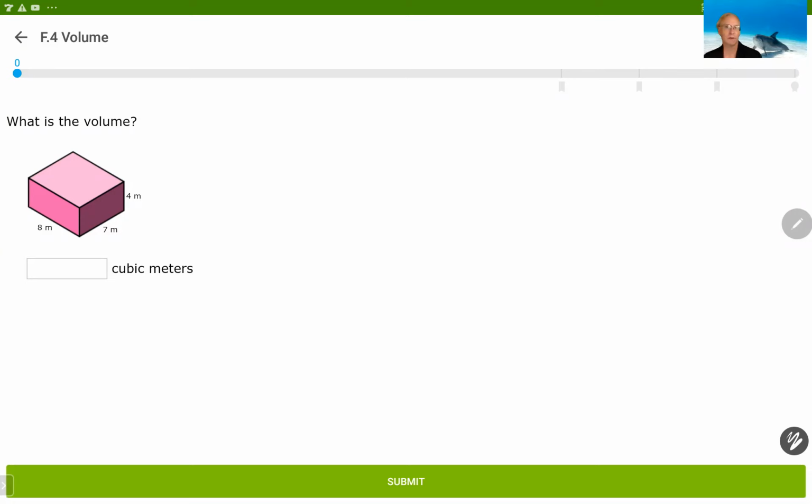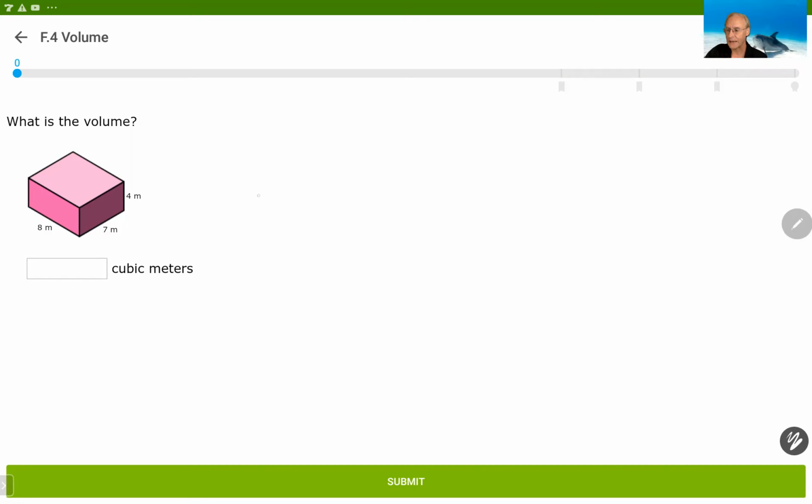One way of thinking about it is to look at the area of the base and multiply by the height, how many stacks of boxes you can have. Since the base of this is 7 meters by 8 meters, the area of the base is 7 times 8, or 56 square meters. That means that you could fit 56 boxes in the bottom of this big rectangular prism.